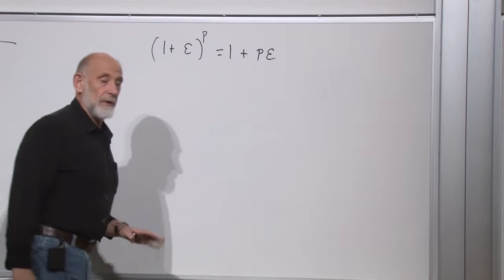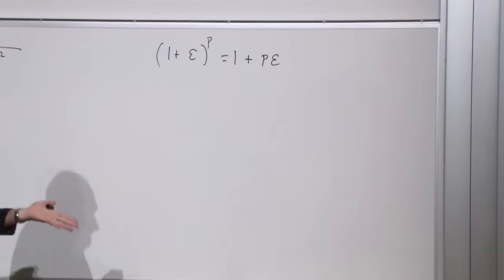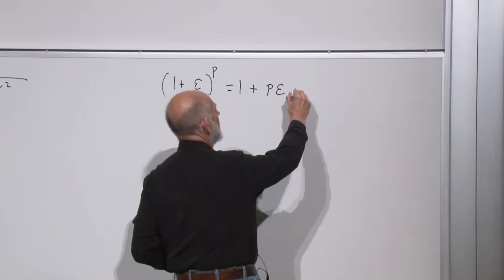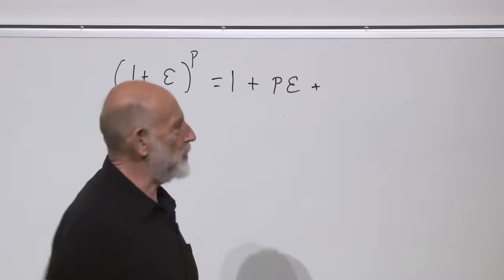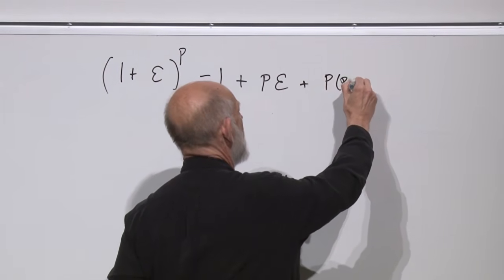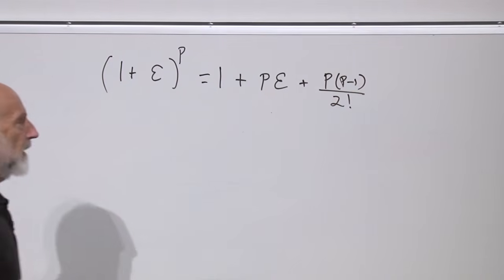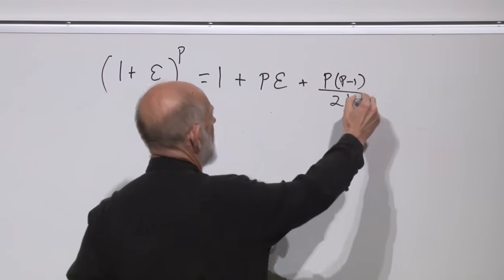Now I'm not going to prove this. This is the standard binomial theorem. And the next term, everybody remember the next term? p choose 2, which is the same as p times p minus 1 over 2 factorial. 2 factorial is incidentally just 2, times epsilon squared.